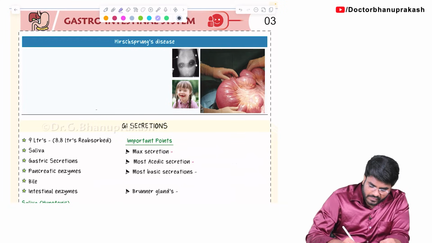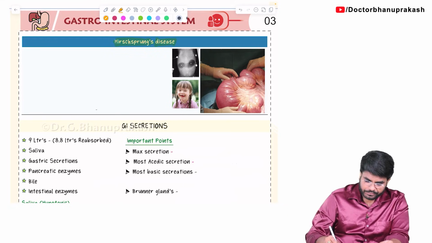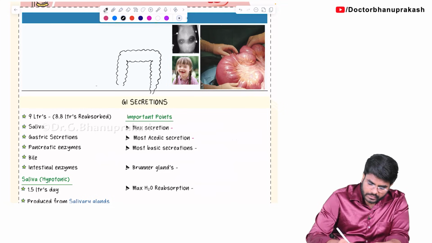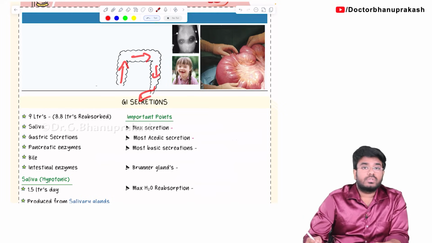First, the name of the disease that we are going to discuss is Hirschsprung disease. What is the problem in this Hirschsprung disease? Let me tell you. Guys, try to understand. Here I am showing you the large intestine. Let us say there is the ascending colon, transverse colon, descending colon and rectosigmoid colon.